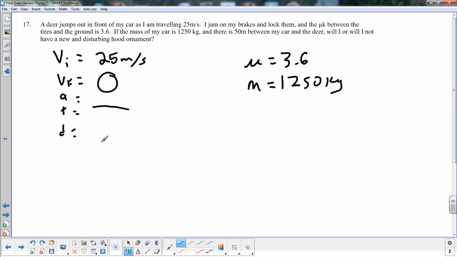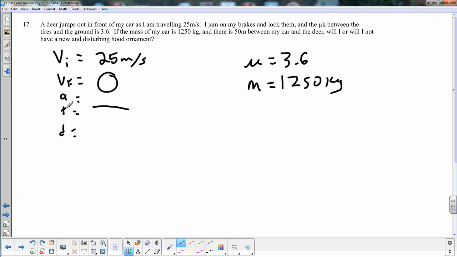I need to find the acceleration, and the only tie that binds kinematics to dynamics is acceleration. And if you remember, F net equals ma in dynamics, you can solve that acceleration and throw it in there.